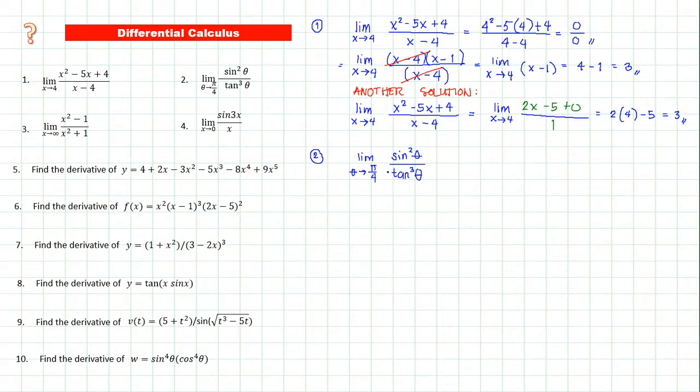Pwede naman nating i-simplify muna yung ating expression and then tsaka natin sagutan, or pwede rin namang i-apply na natin yung limit, no? So in this case, I will use ang application na nung limit. I-substitute na natin yung pi over 4. Okay? So this will be equal to sine squared ng pi over 4 all over the tangent cube ng pi over 4.